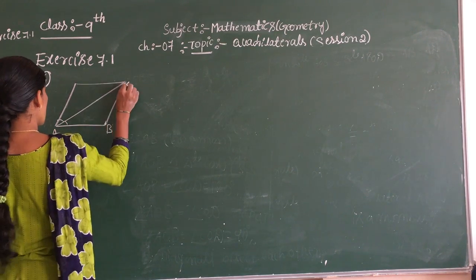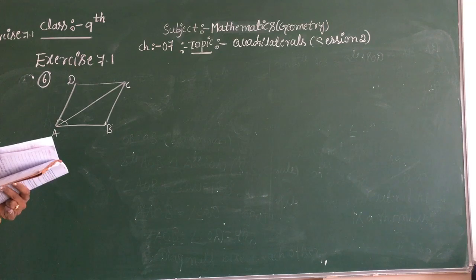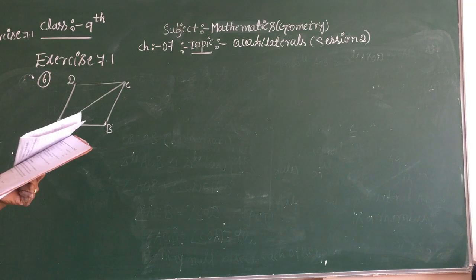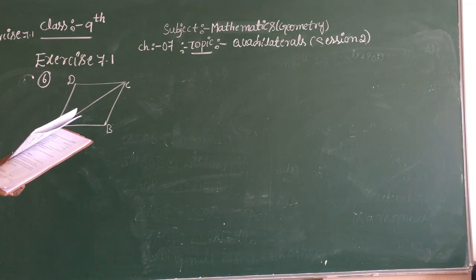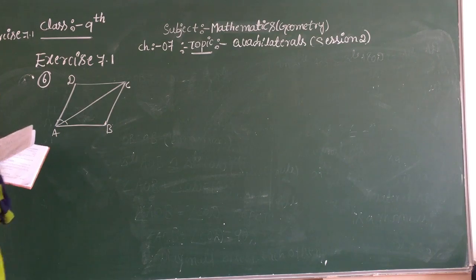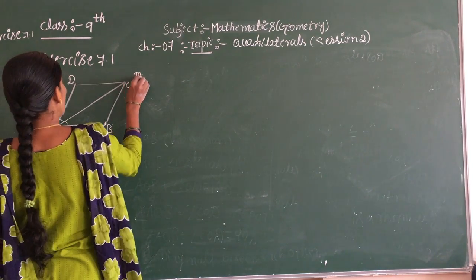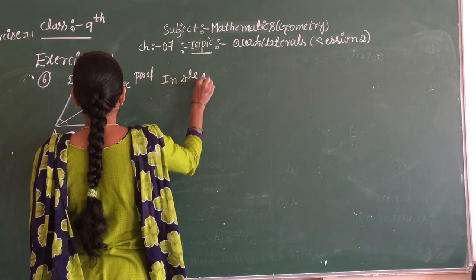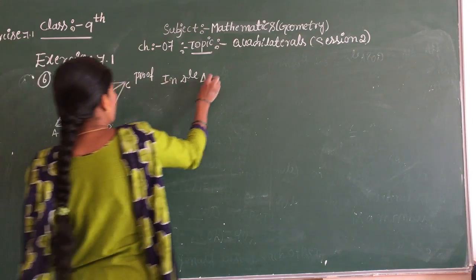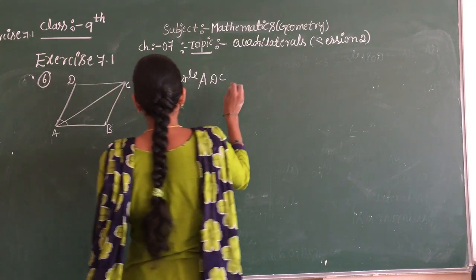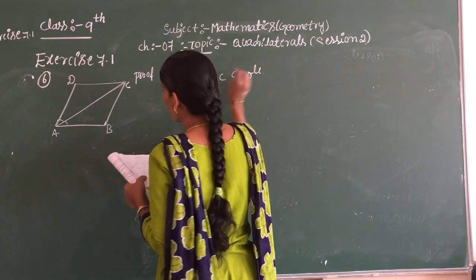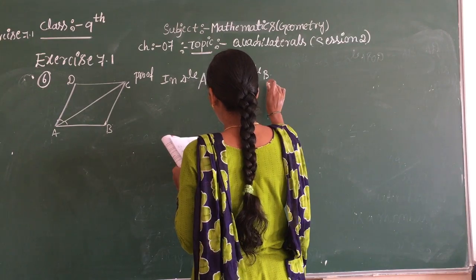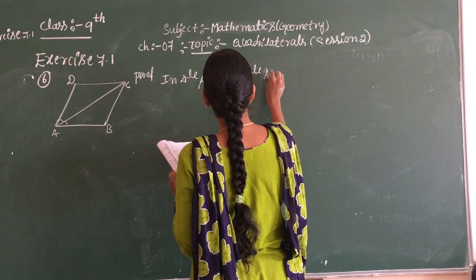A, B, C, D. Okay, A, B, C, D. So first one is the bisecting point, angle C. Angle C is the bisecting point. Yes. Okay, I should draw the proof. In triangle ADC, and the triangle we should compare is ABC.